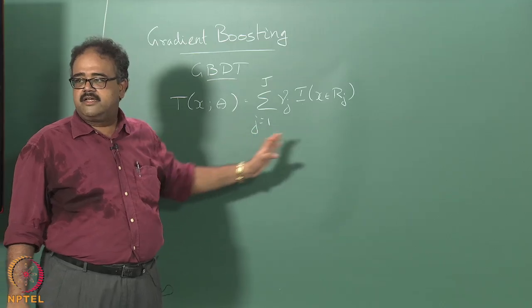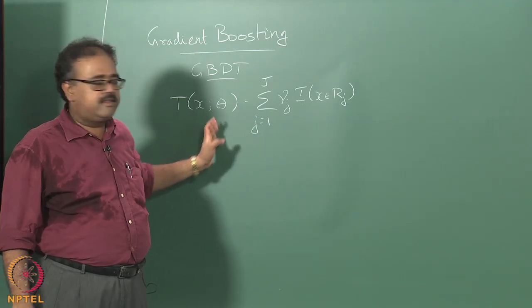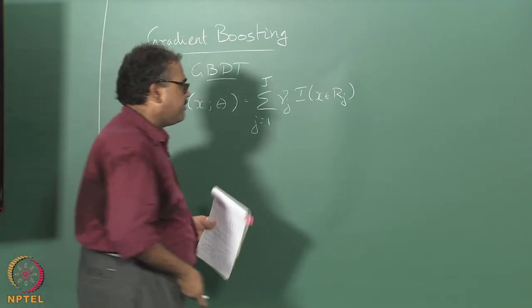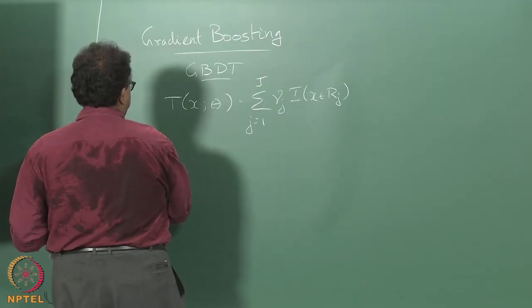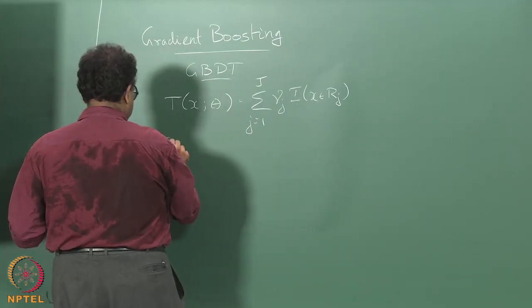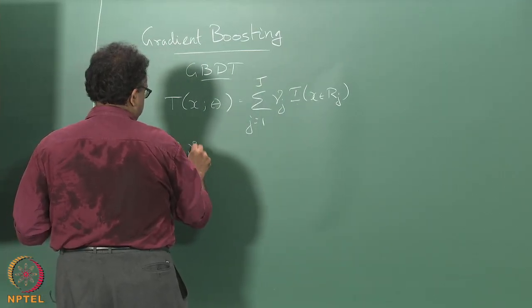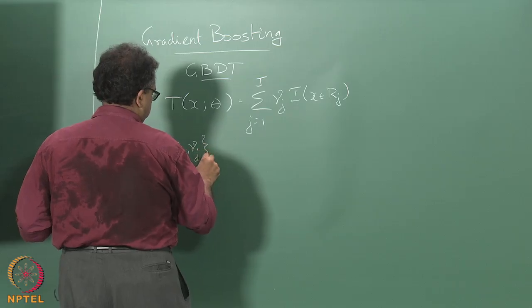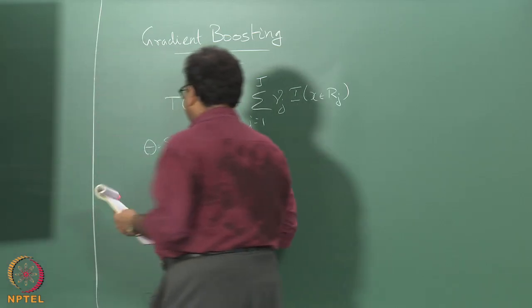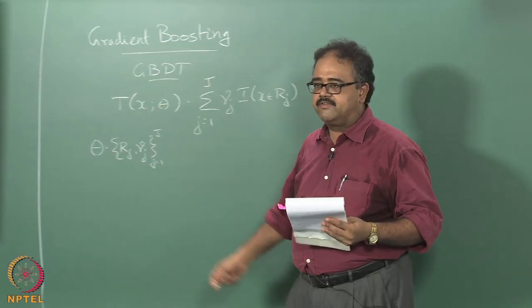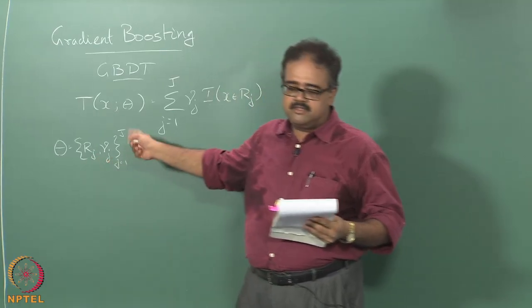This is a regression tree. So, what is my theta here? All the Rj's, the specification of the Rj and the gamma j's for each of those regions.